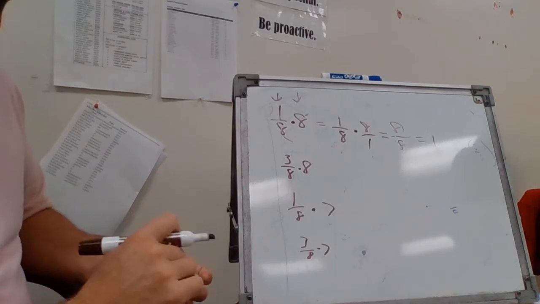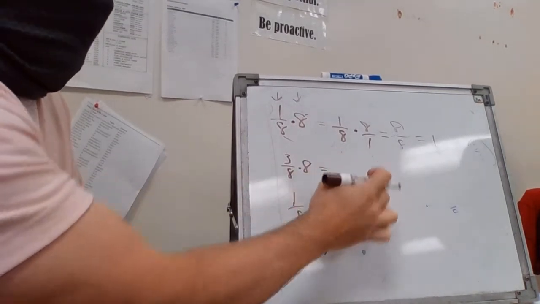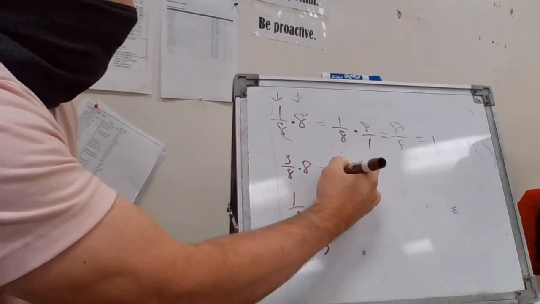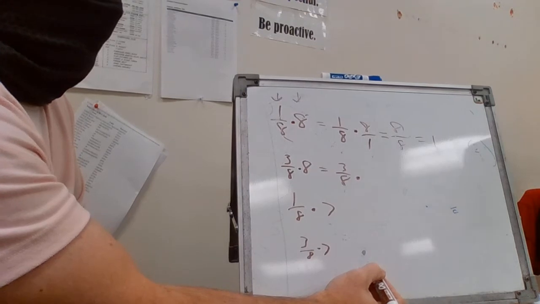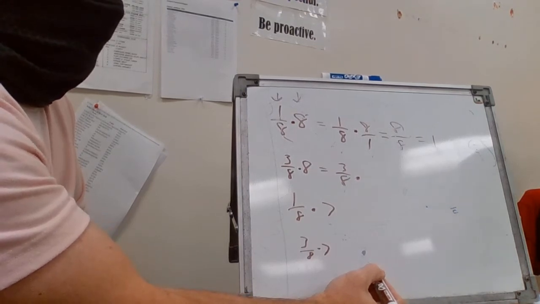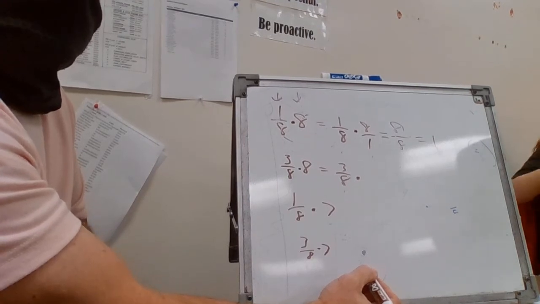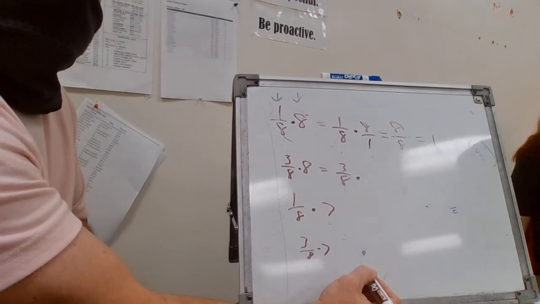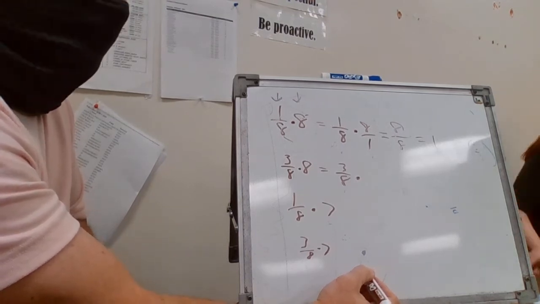All right, now tell me how to write this right here. We're going to rewrite this where I'm multiplying two fractions. 3 eighths times 8 over 1.